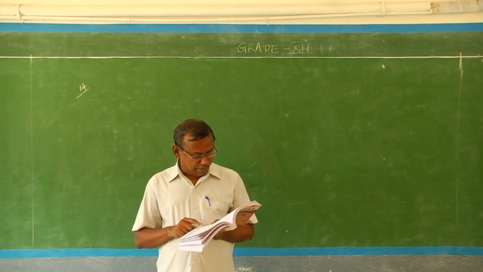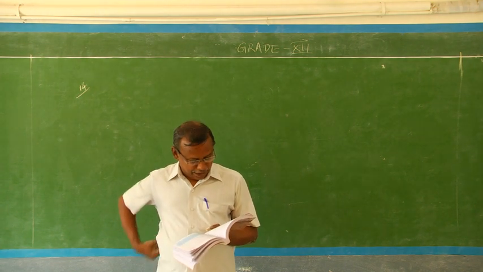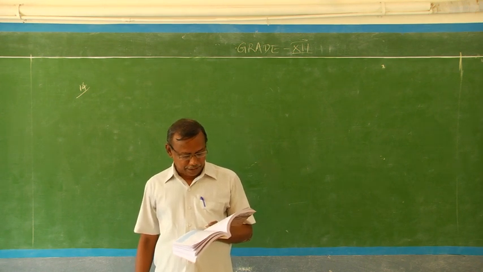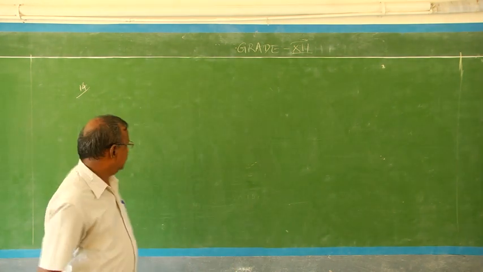Show that the vector a vector plus b vector plus c vector is equally inclined to a vector, b vector, c vector.